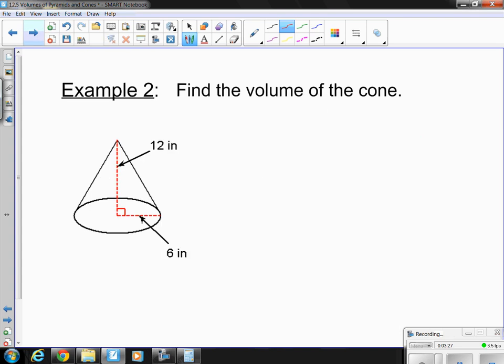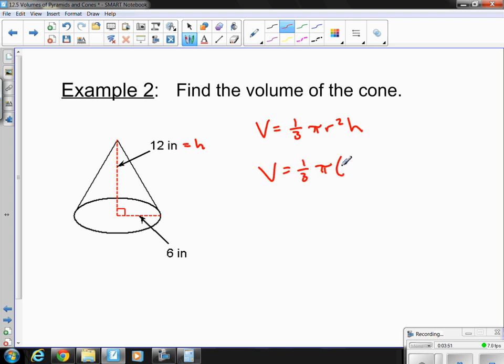Example 2, find the volume of the cone. All right, so this is my height. And now my base area, well, my volume, I guess I can go straight to the formula, 1/3 pi r squared h. And I can just plug in what I need.